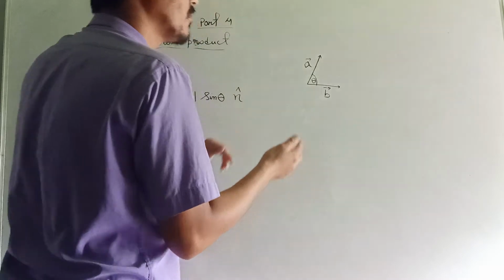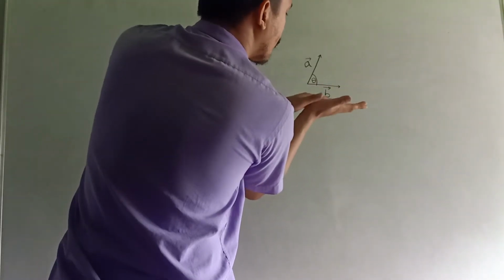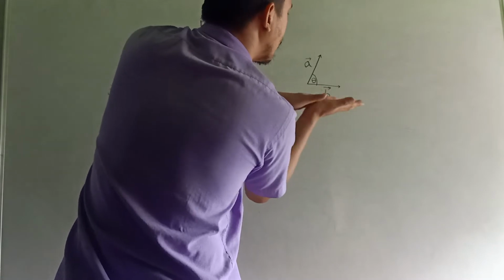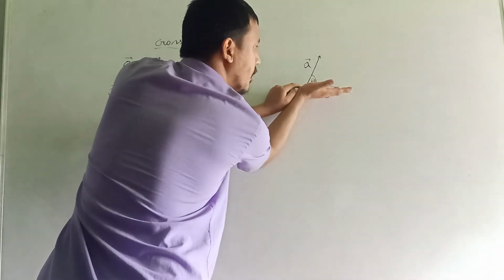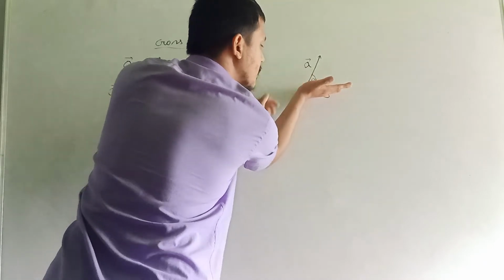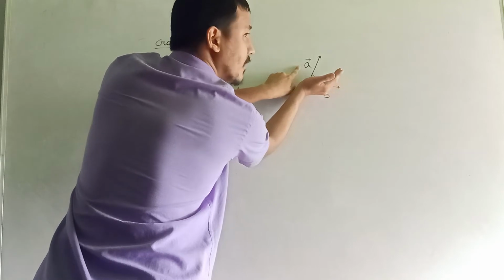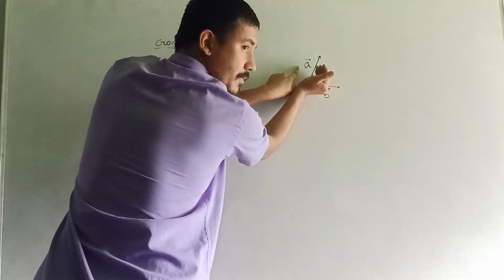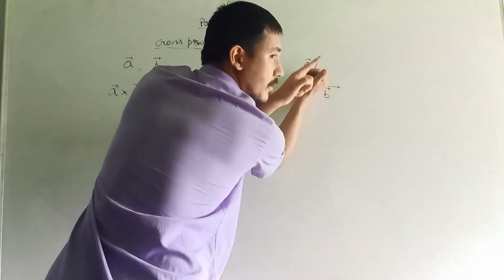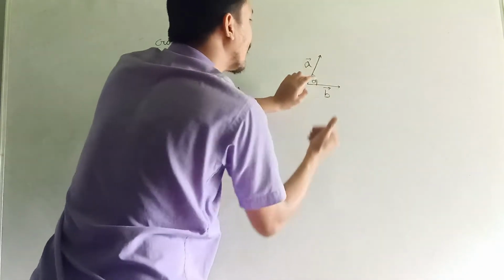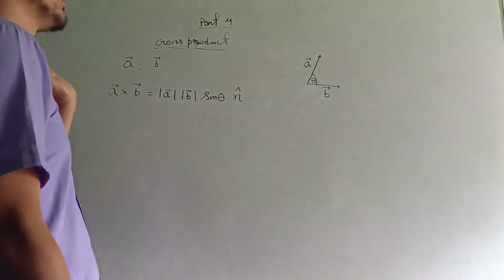On any one of the vectors, you place your palm in such a way that it lies on the plane containing this vector. Now you curl your four fingers towards the other vector. Then where is the thumb pointing? Perpendicular to the plane containing A and B. That is the direction of A cross B.